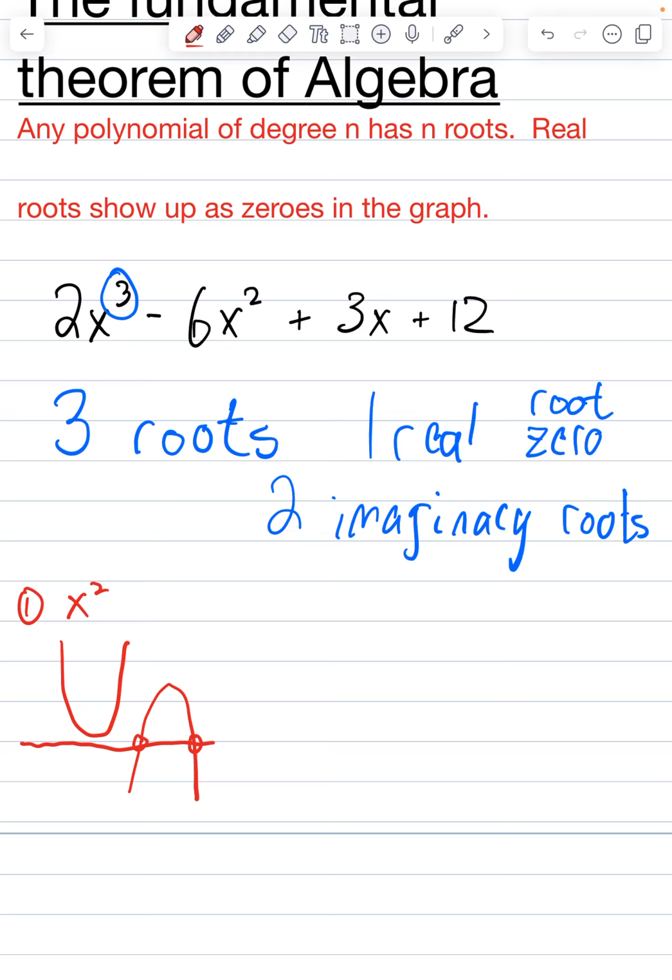And then the other one you want to get familiar with is the cube, x cubed. All right. So x cubes look like this, something like that.